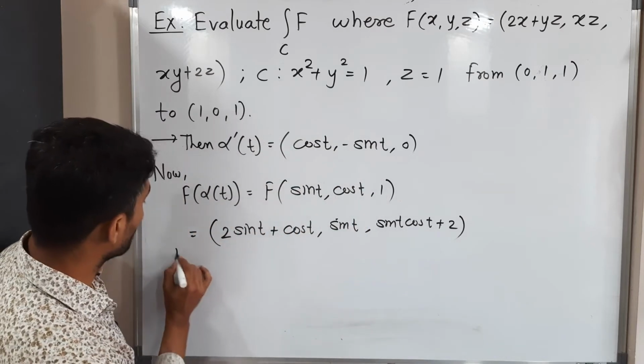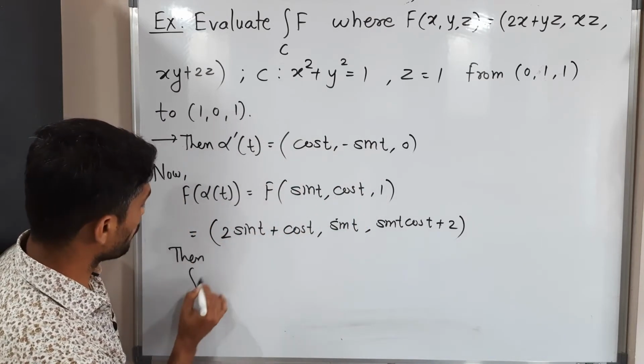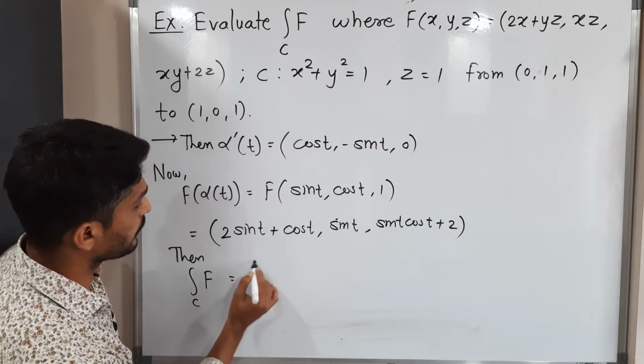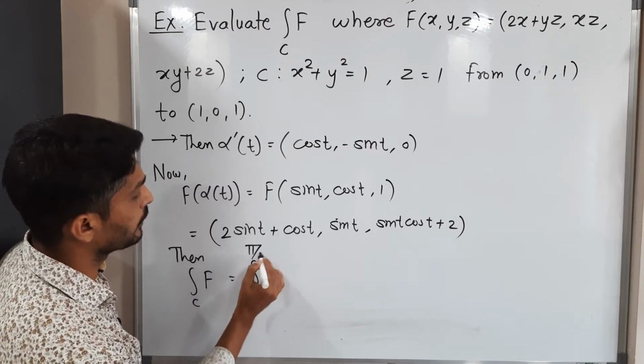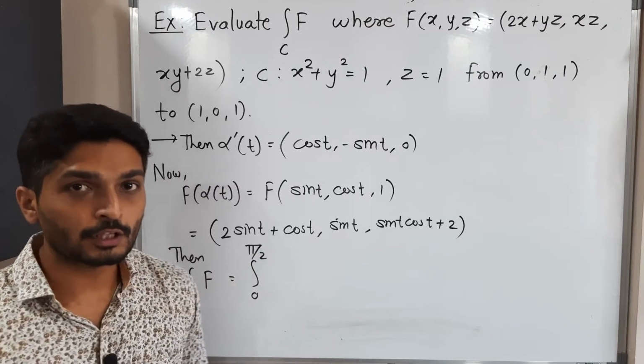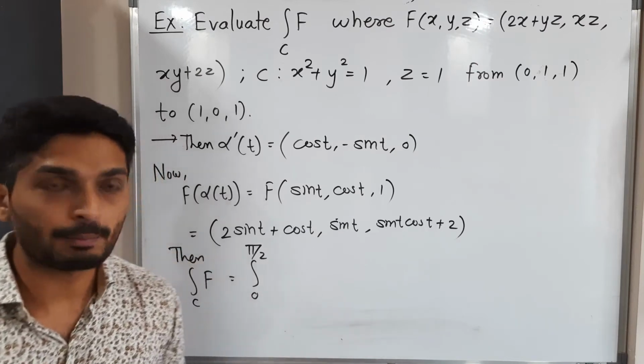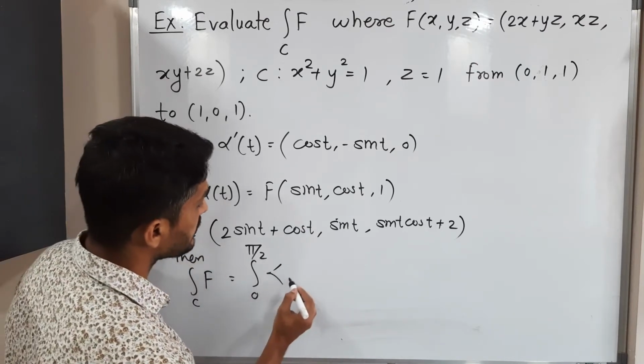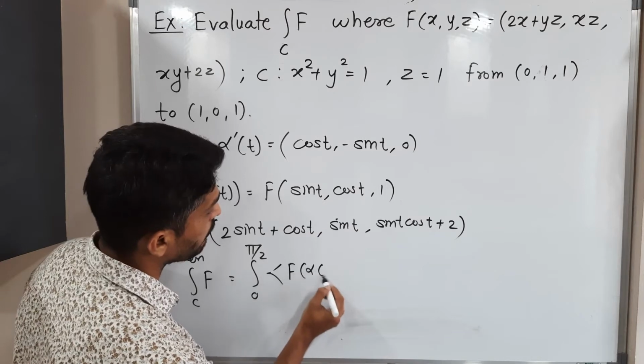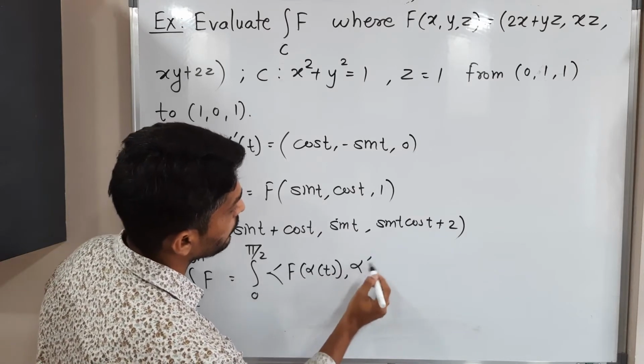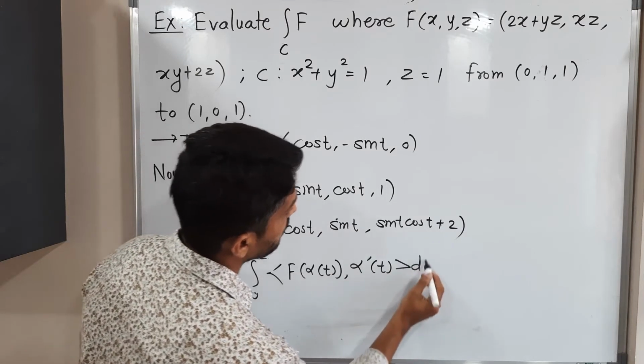So then integration of f over c is equal to integration 0 to pi by 2, since our parameterization alpha is defined on the closed interval 0, pi by 2. Our formula says integral of the inner product of f of alpha of t into alpha dash of t dt.